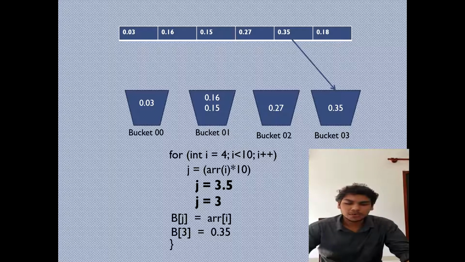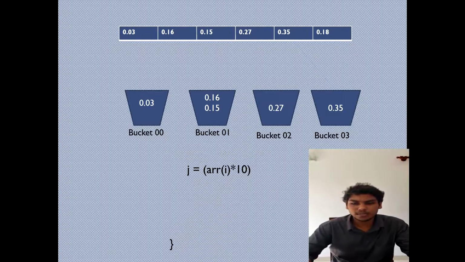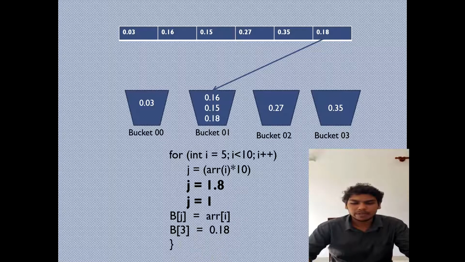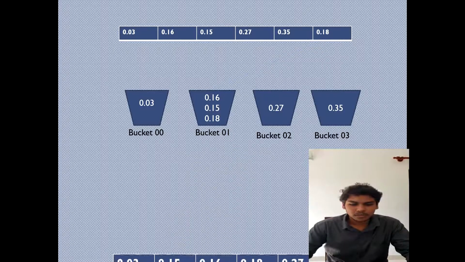So bucket number 3 gets 0.35. And finally, at the last element of the input array, we get 0.18, which we multiply by 10 and get 1.8. If we round it off, we get 1. So bucket number 1 gets 0.18. So that is how bucket sort works.